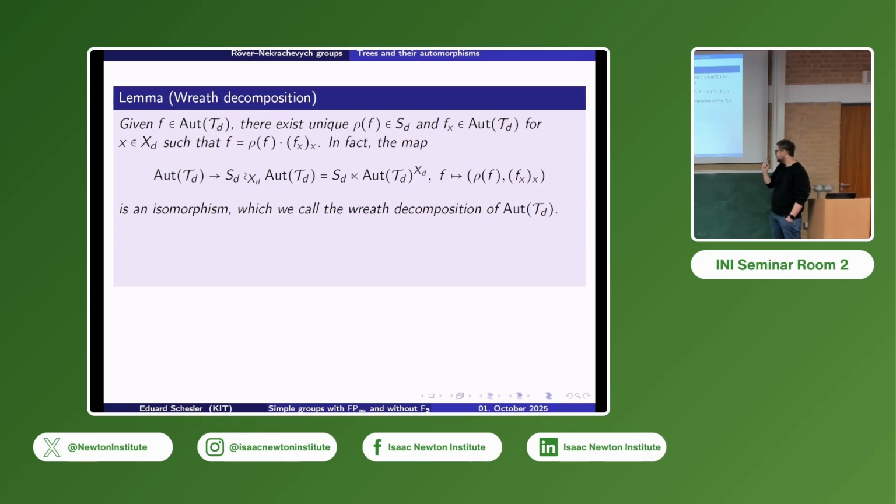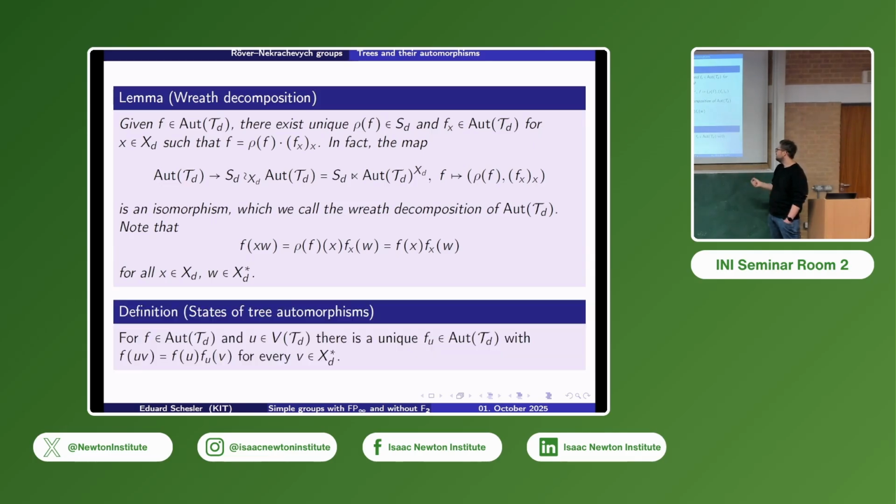Yeah, Rees product, one has to be careful, it is actually the permutational Rees product. So the symmetric group acts on this direct sum by permuting the coordinates. If one applies this to an arbitrary word starting with x, what happens is that one applies the rooted part to x, which is just applying rho_f to x, and f_x to the remaining part.